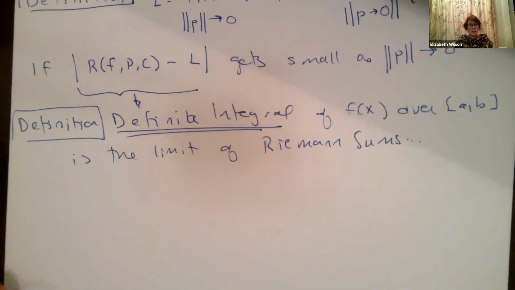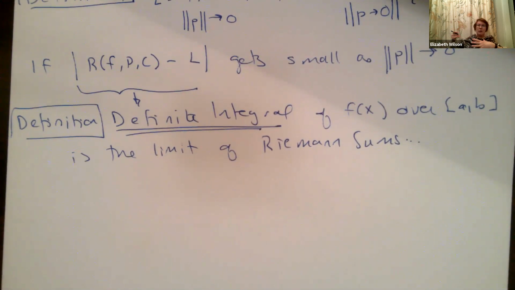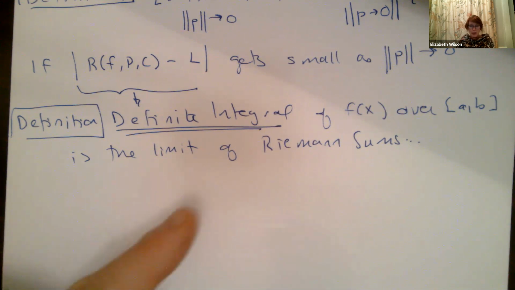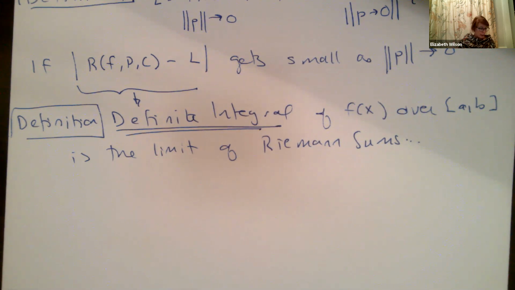So just like our definition of the derivative had some theory behind it, the limit of our secant lines, where the difference between our secant line and our tangent line got really small, that gave us the definition of our derivative. Our definition of the definite integral is similar too, right? It's based on this summing up of all these rectangles.